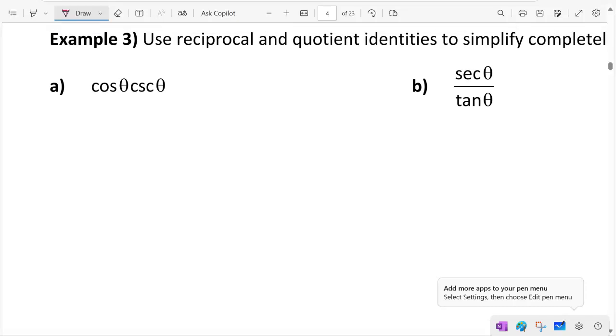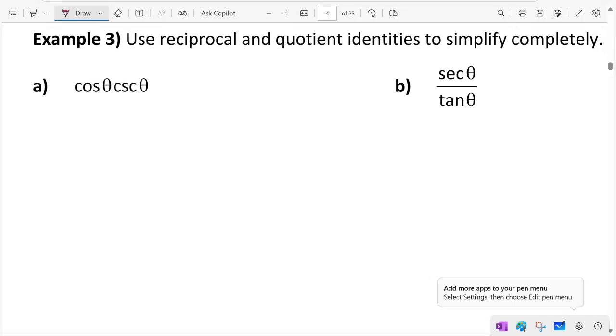In example 3, we have the expression cosine of theta times cosecant of theta. In order to simplify, generally speaking, I'm going to try to turn all of my functions into terms of cosine and sine, which are the building blocks for all trig functions. So cosine of theta is cosine of theta, and I can put it over 1 to make it a fraction.